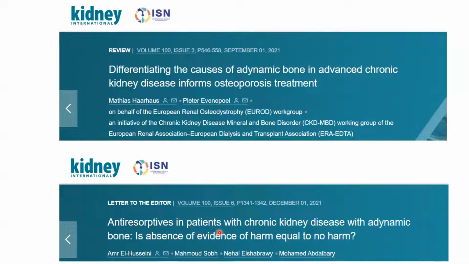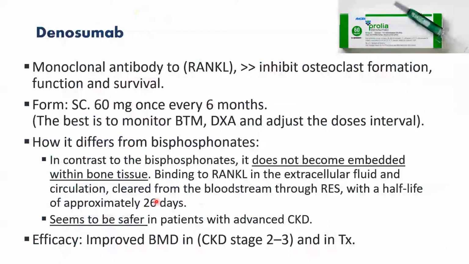We don't have evidence that they would cause harm in patients with adynamic bone disease, but this is because we don't have a good study to answer this question. I would recommend that you read this review, the letter to the editor, and the commentary by Susan Ott and Dr. Malik about it.